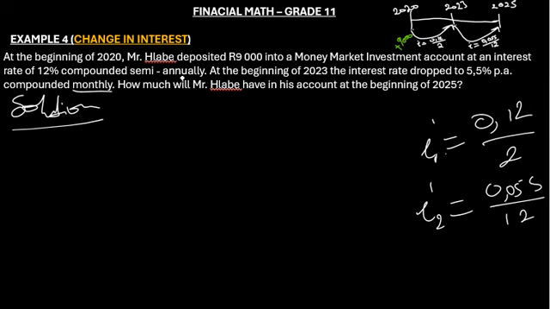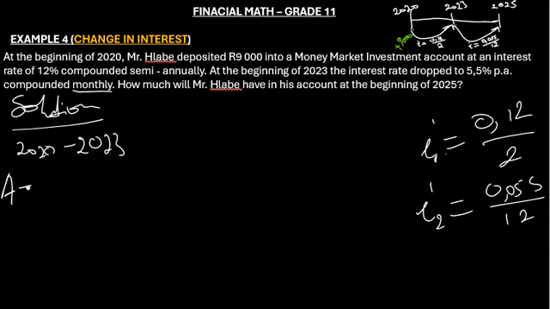So here we'll say A is equal to P(1 + i)^n. This is the first 3 years, from 2020 to 2023.